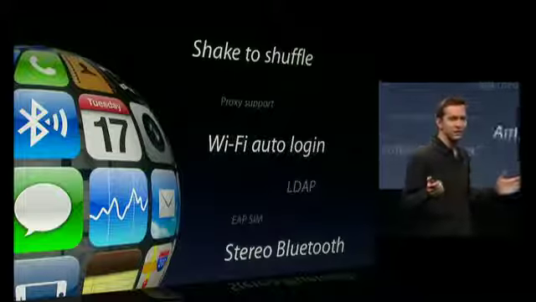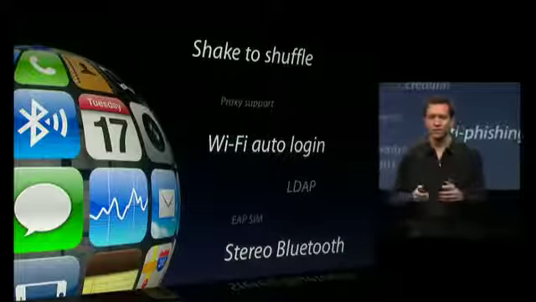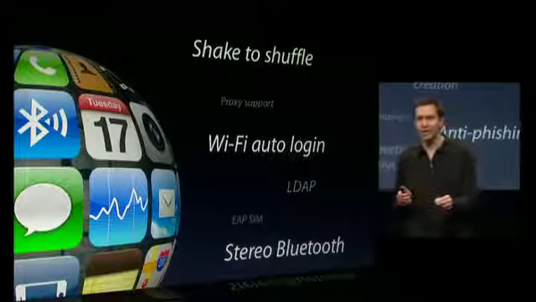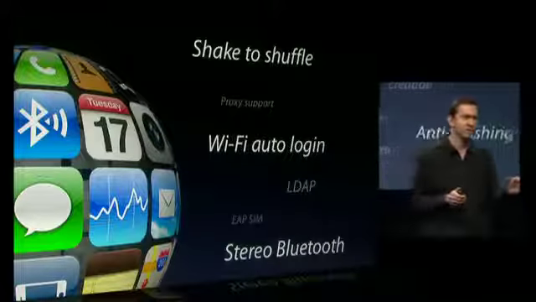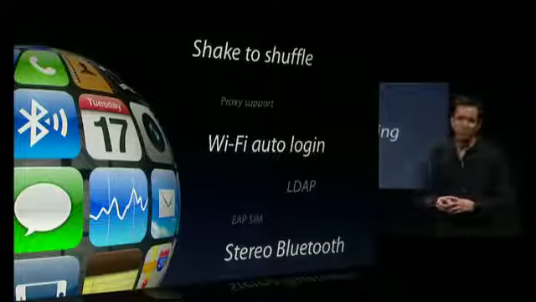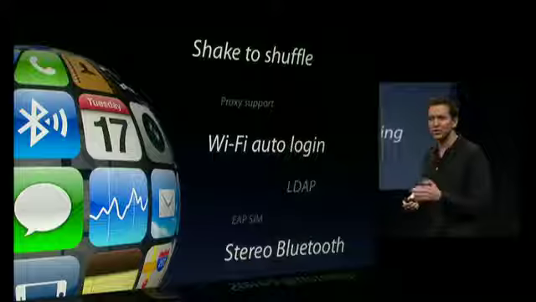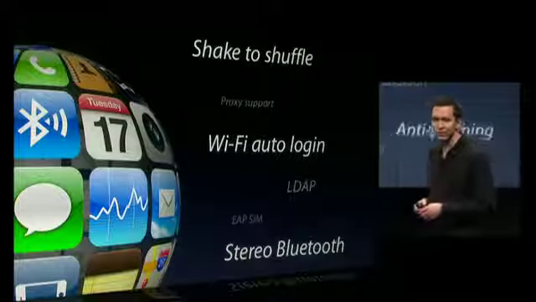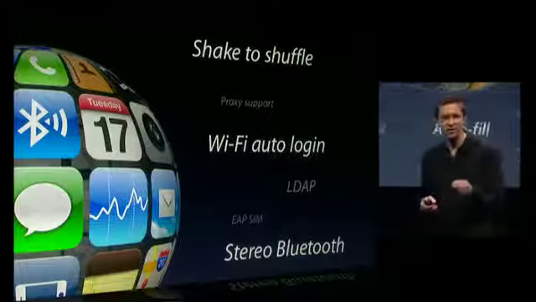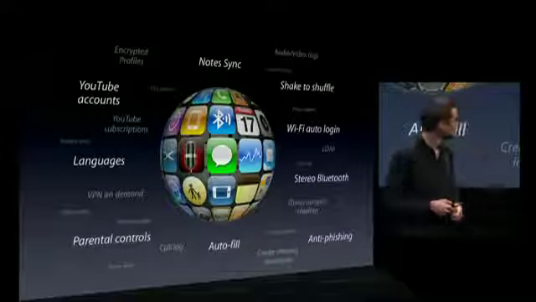So for instance, if you have an account at Starbucks for their Wi-Fi hotspots, when you go in, it'll automatically connect you to that Wi-Fi hotspot and you can use it. And when you leave, it'll automatically disconnect. Stereo Bluetooth. We're adding support for the A2DP profile of Bluetooth, so you can now use your stereo Bluetooth headphones and your stereo Bluetooth speakers.